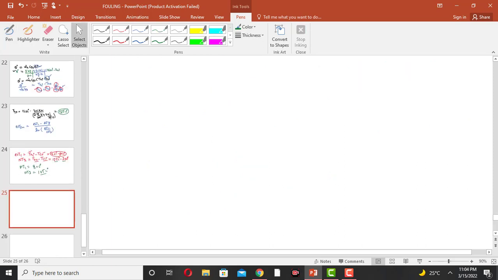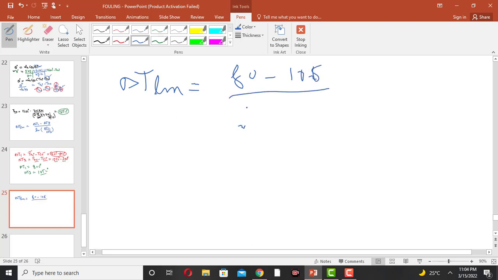So the log mean temperature difference in this case will be equal to delta T1, 80, minus delta T2, 105, divided by ln 80 divided by 105.